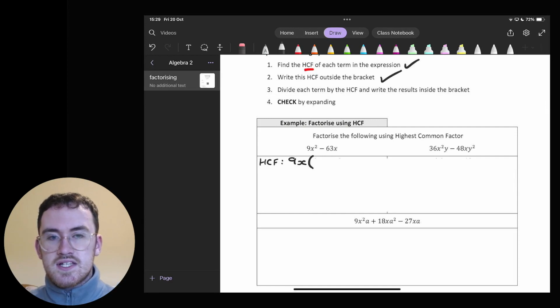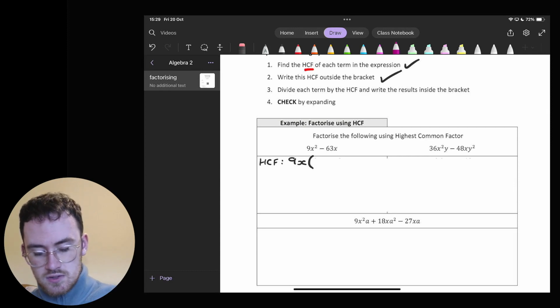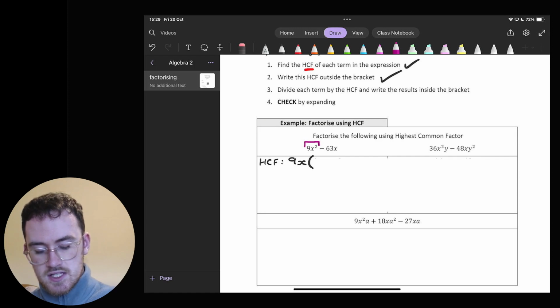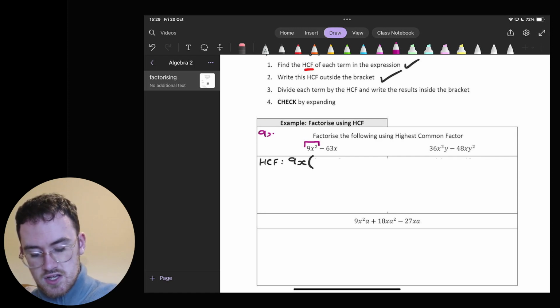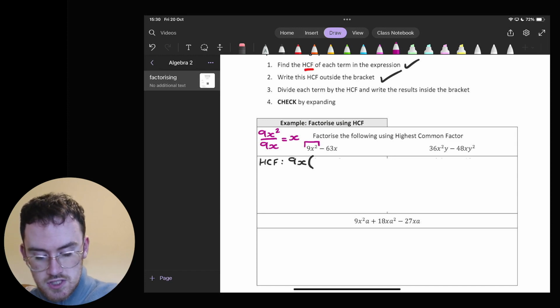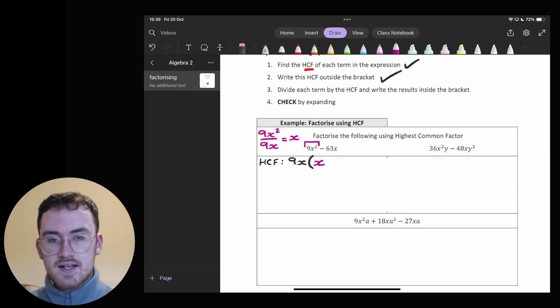Now I need to divide each term by my highest common factor. So looking at those individually, 9x squared divided by my highest common factor, which is 9x, just gives me an answer of x, because 9 divided by 9 is 1, and x squared divided by x just gives me x. So what's left in here is just x.